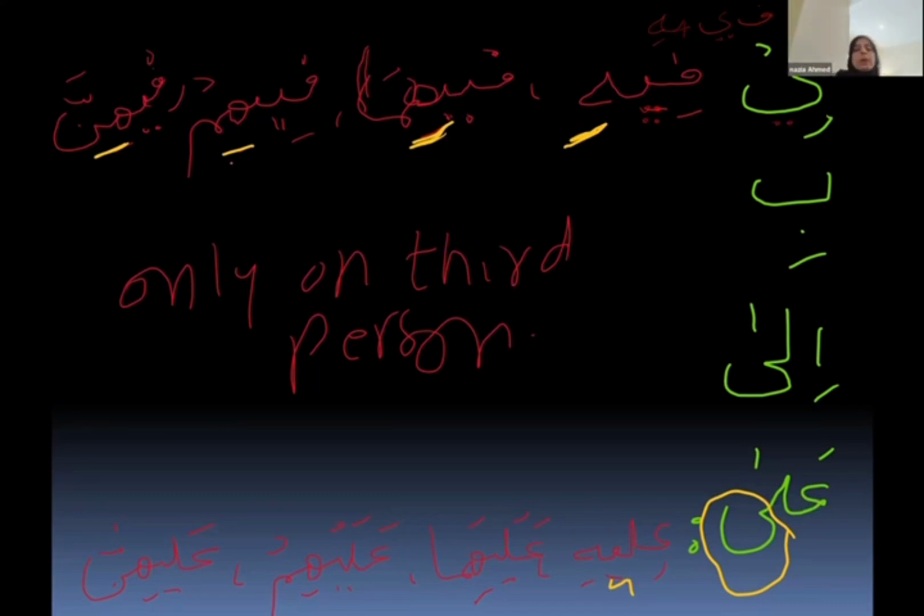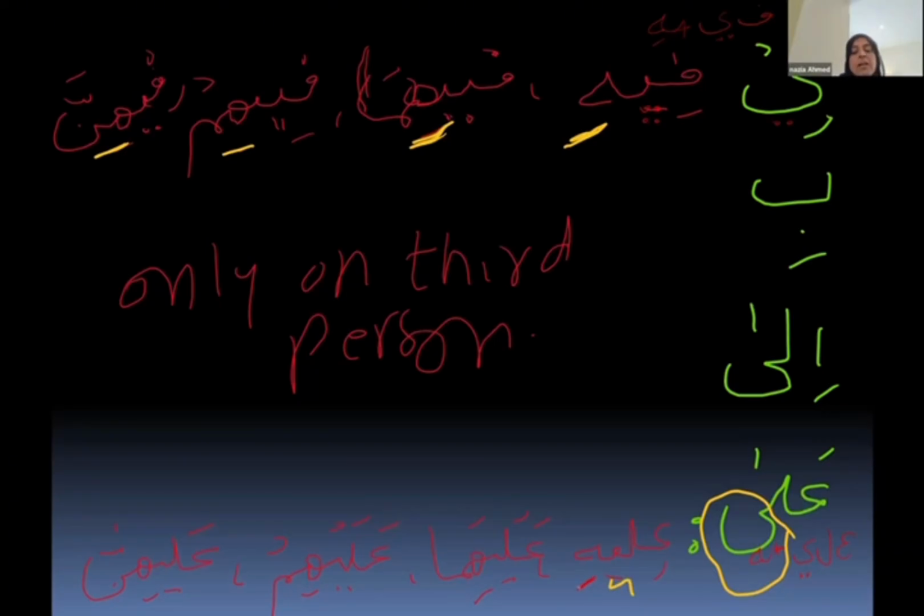So now let's do the same thing with Alayhi, because it has 3 letters as well: Ain, Lam, and Ya. So I'm going to join ha with ya, the attached pronoun. Instead of alayhu, it will become alayhi.